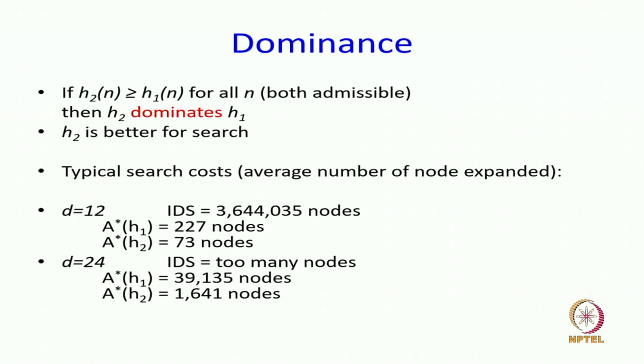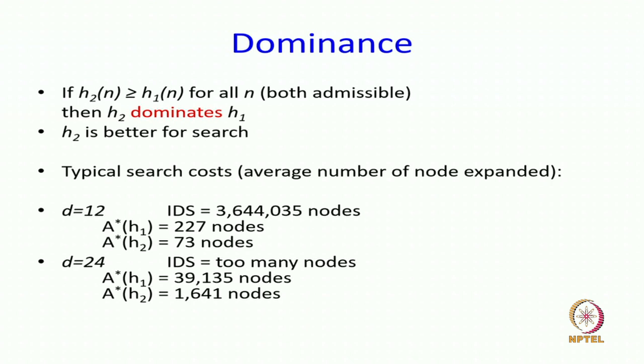And now, here is a quick example of what happens when I use a heuristic function in comparison with, let us say, iterative deepening search. So, let us say I am in the example where the depth of the goal is 12. There iterative deepening search does solve the problem, but it expands 3 million nodes. That is a lot of nodes to expand.